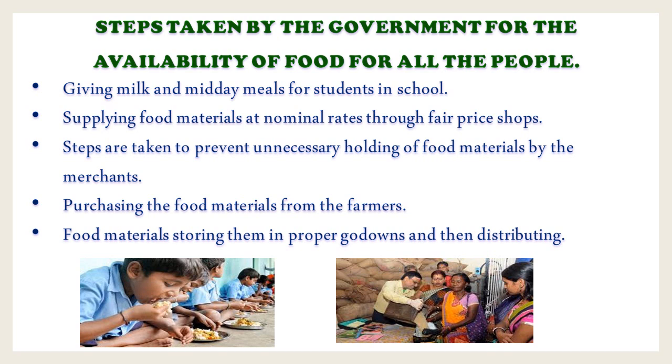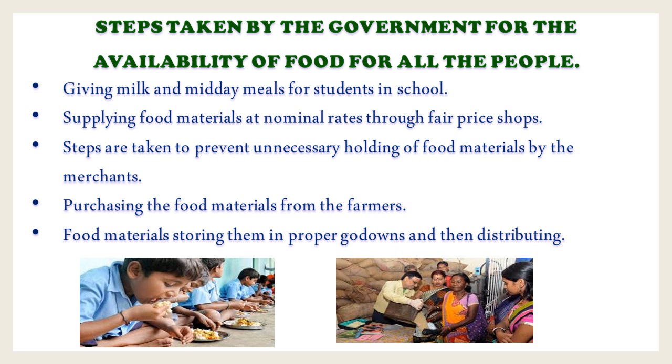Steps are taken to prevent unnecessary holding of food materials by the merchants. Fourth point, purchasing the food materials from the farmers. At last, storing food materials in proper godowns and then distributing later. Observe the images given below.